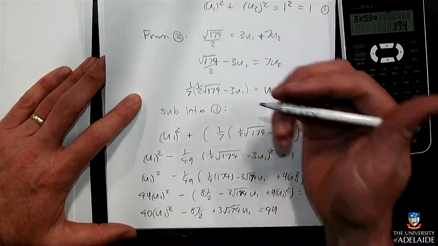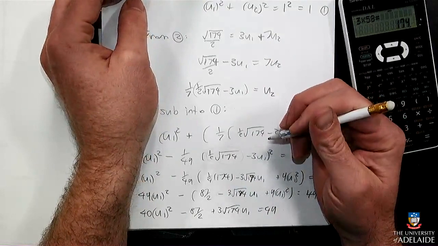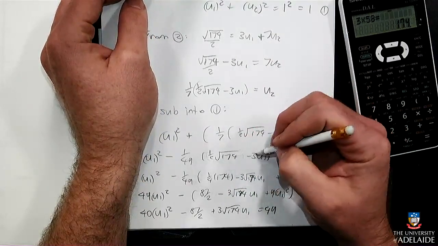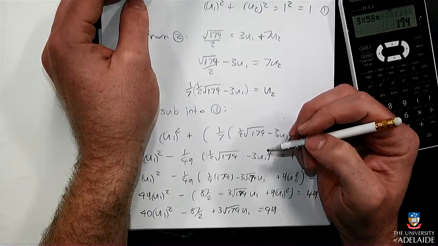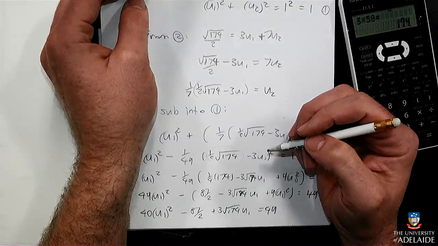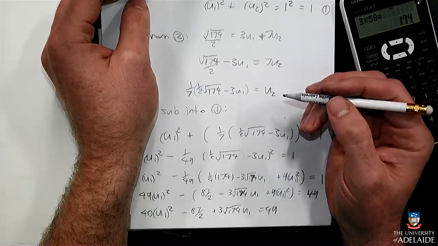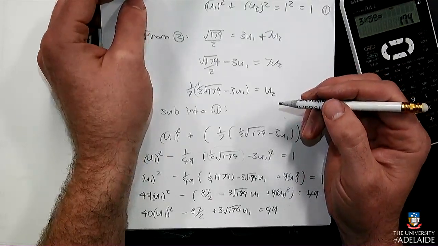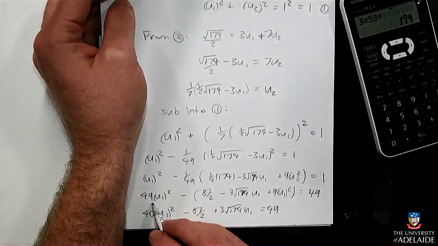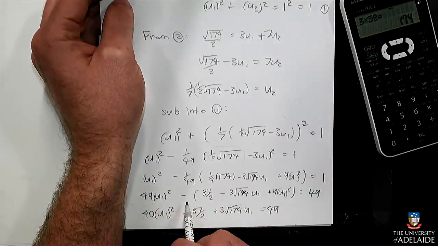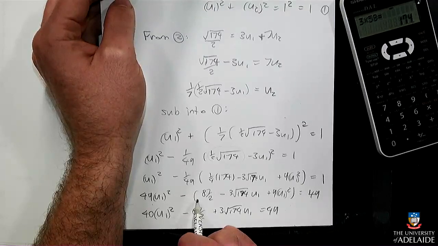Whoa. I know this is this squared, and it's 2 times this, so the 2 times a half would cancel each other out. And multiply by 49. Didn't do anything to this.